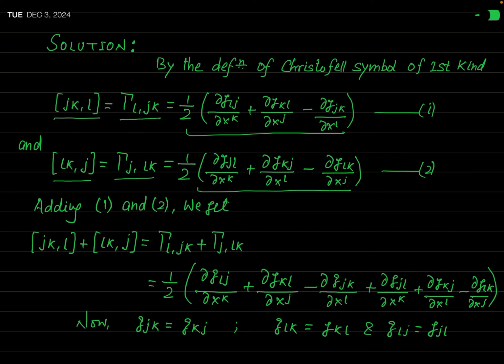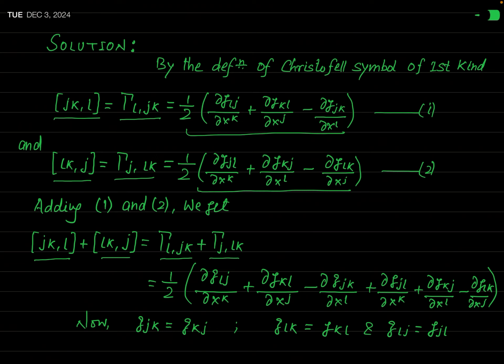These are simply the definitions. Now we have to find the sum of these two Christoffel symbols. So let us add these two: JK comma L plus LK comma J, which is equal to gamma L comma JK plus gamma J comma LK. Now see equations 1 and 2, and let us put the values.